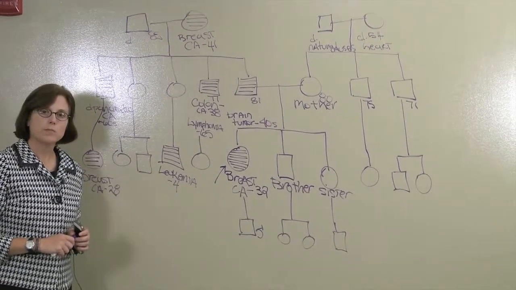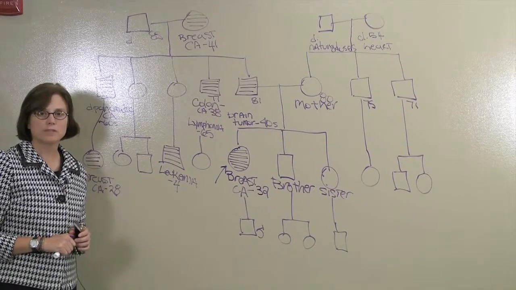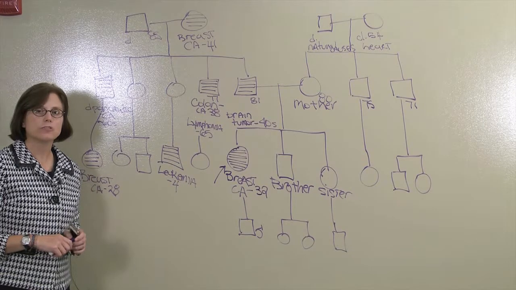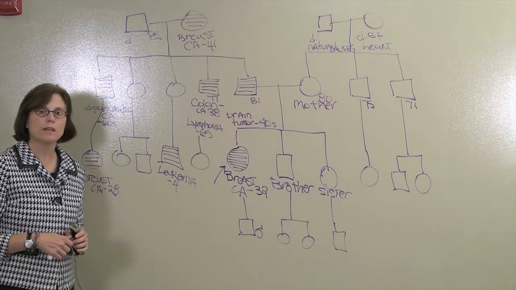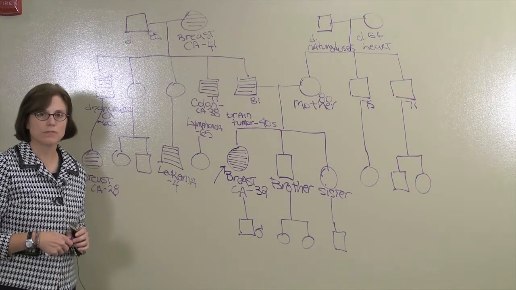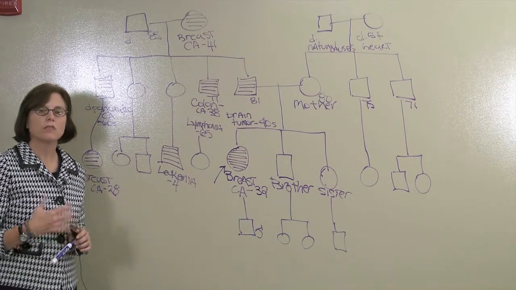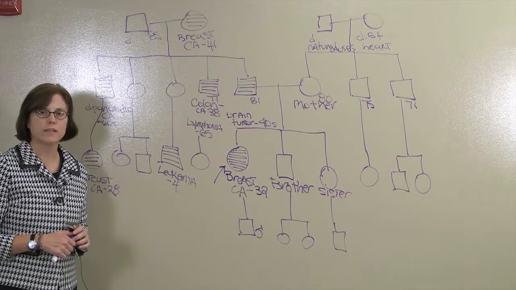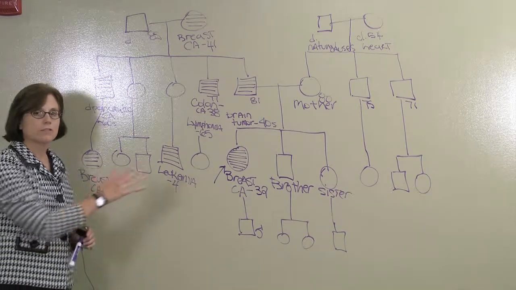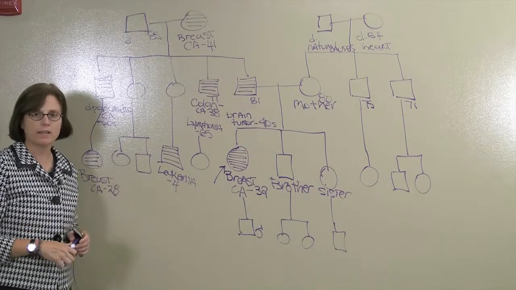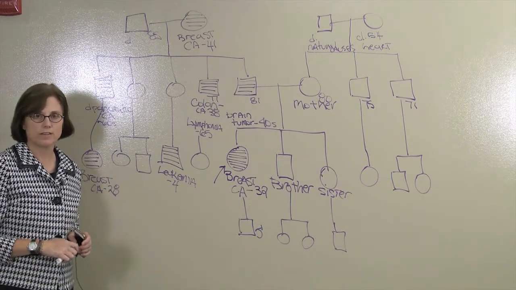Certainly men can develop breast cancer, but it's not as common as what we see in women. There are certain ethnic groups in which gene mutations occur more commonly and are associated with certain types of cancers. There's not one person in this family who makes a diagnosis of hereditary cancer. It is the totality of the family history and looking at this entire pattern that we see hereditary cancer in this family.